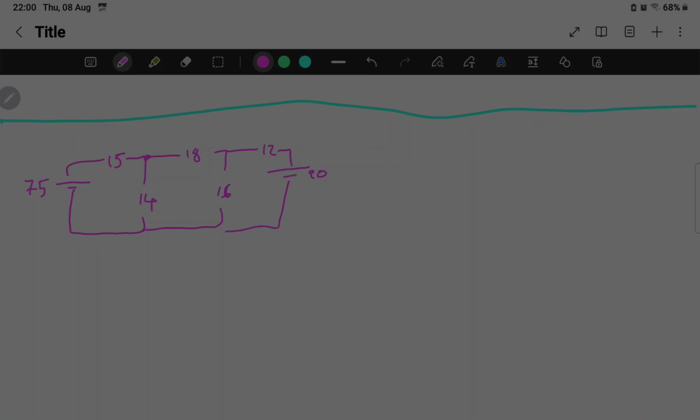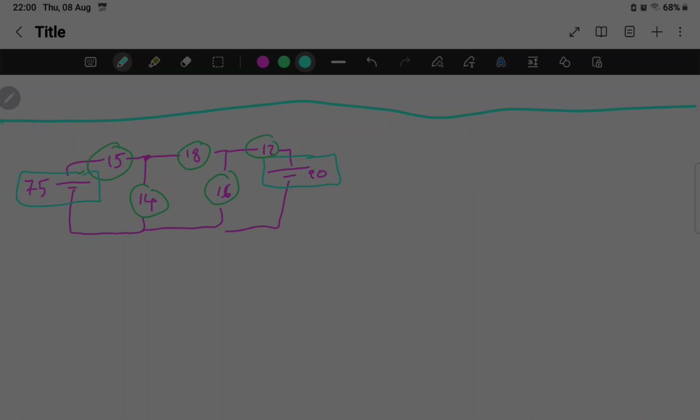So all of these are batteries, and these are your resistors. Okay, just so you don't get confused.